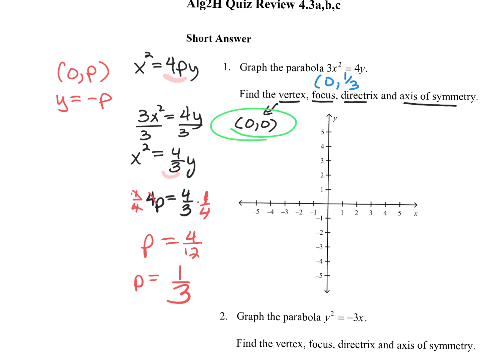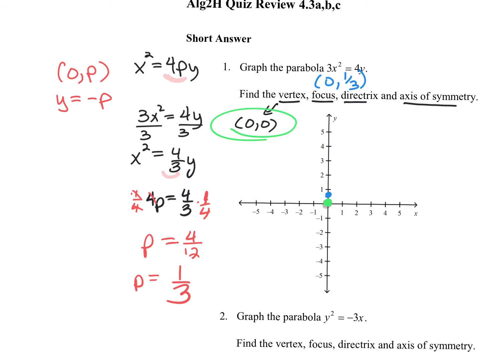So I'm going to graph my vertex here, 0, 0. And then I'm going to graph my focus, which is the ordered pair 0, 1/3. And again, it's somewhere in between here. Doesn't have to be precise.